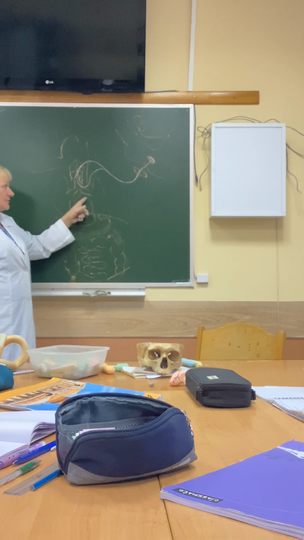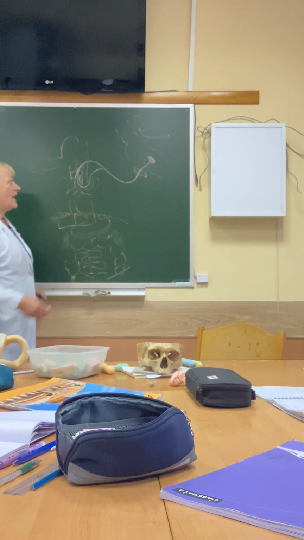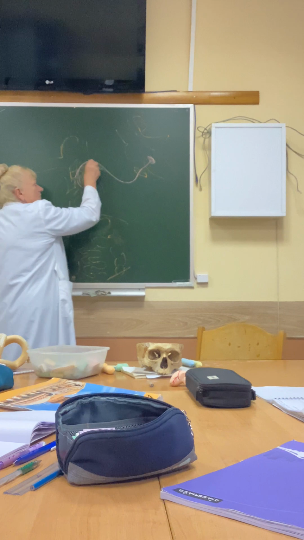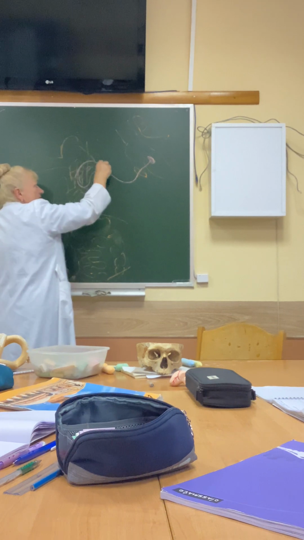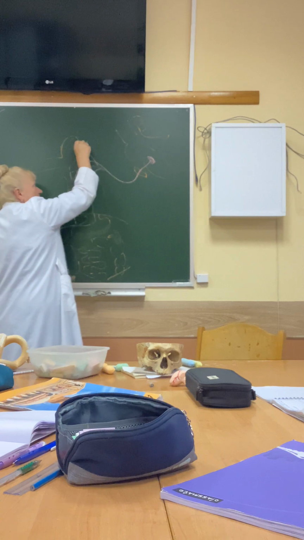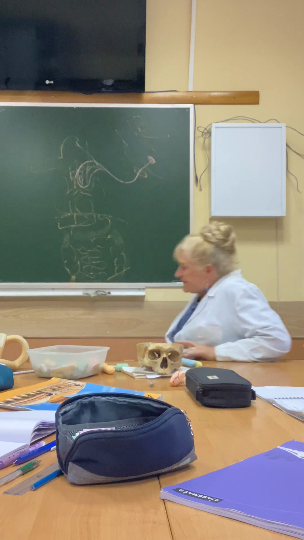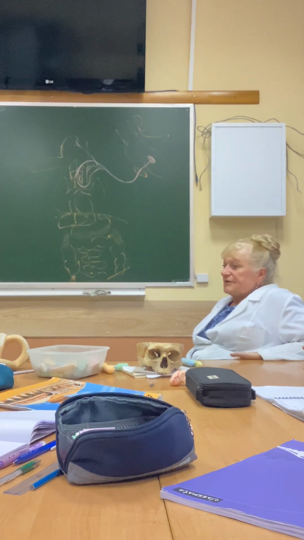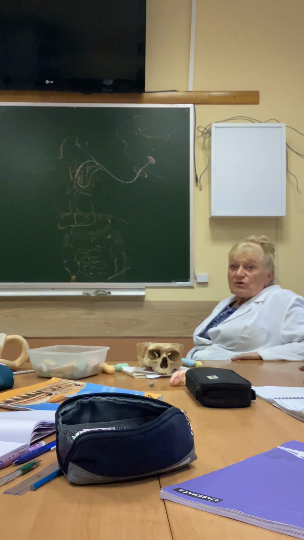When it directs below and when it comes back, it is called the laryngeal inferior. And it will control the muscles of the pharynx and the muscles of the soft palate. We have the palatine motor branch, the pharyngeal motor branch, the laryngeal superior and laryngeal inferior, which is the continuation of the recurrent laryngeal.